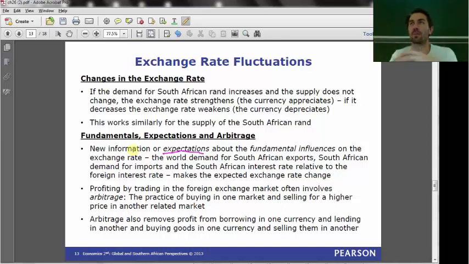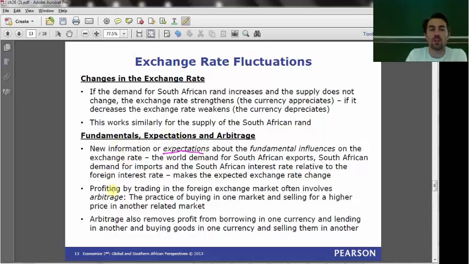What do you think is going to happen? Doesn't matter what the exchange rate is, the demand for rands increases, right? So some kind of change in expectations, change in information, change in preferences. These are all things that can shift demand and supply for currencies.